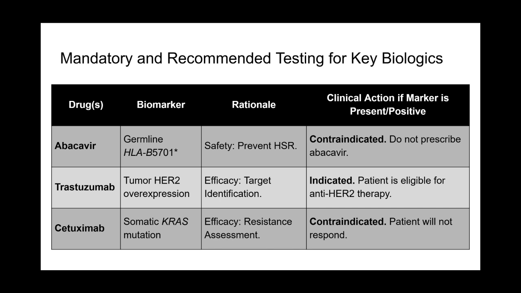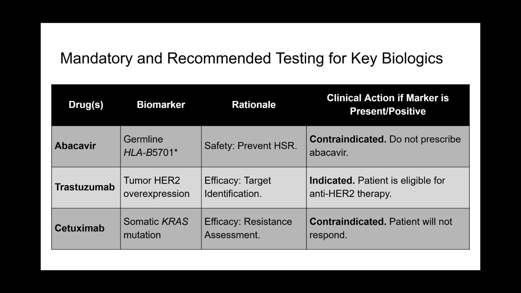These three landmark cases are more than isolated examples. They embody the core strategic principles of companion diagnostics for modern biologic therapies. They illustrate how molecular testing is applied for: 1. Safety screening, identifying patients at high risk of severe adverse events, such as with HLA-B*5701. 2.